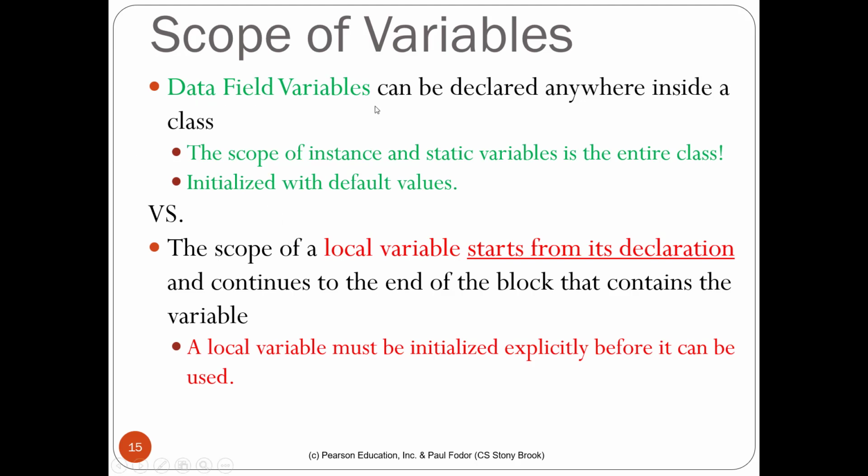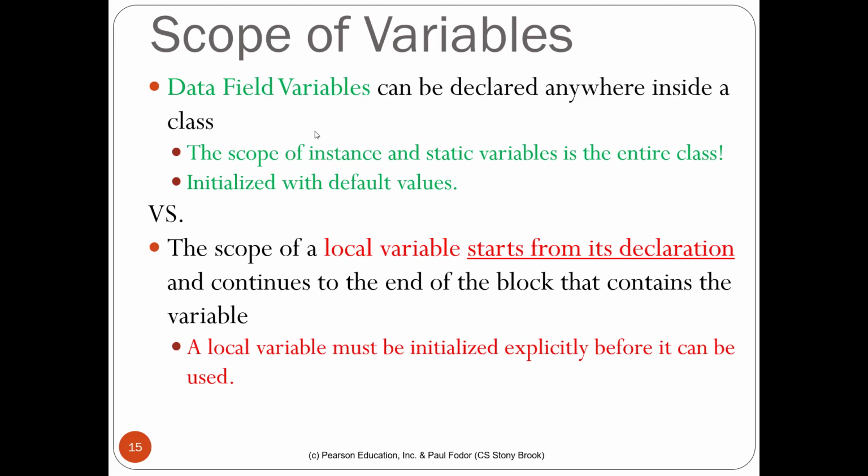Data field variables, which means your data members, can be declared anywhere inside the class. Till now I had just one simple class example, which was Circle. We declared a radius at the top, but you can take that declaration of the radius even to the bottom, it does not matter.